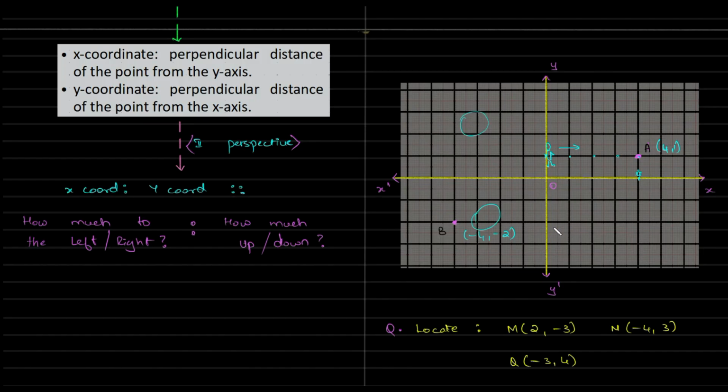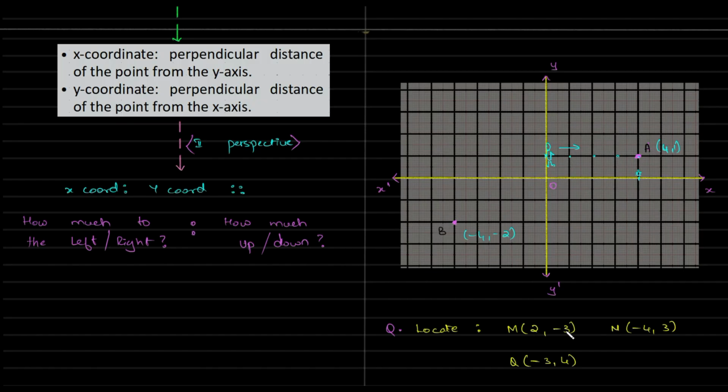Anything down is negative in your y coordinate. In your x coordinate system, anything to the left is negative. In the y coordinate system, anything down from the x axis is negative. And so we have this as positive and this as both negative.